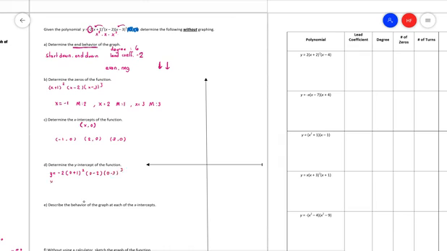So that's y equals negative 2 times 1 squared times negative 2 times negative 3 cubed. So that's negative 2 times 1 times negative 2 times negative 27.